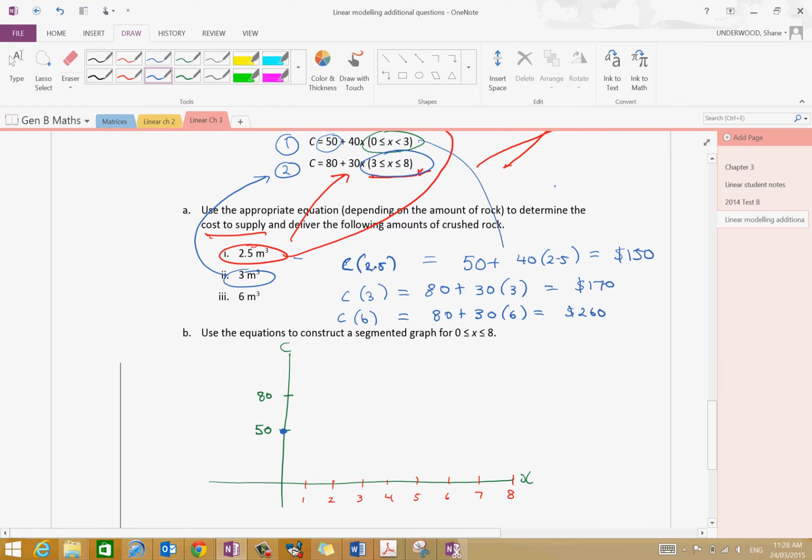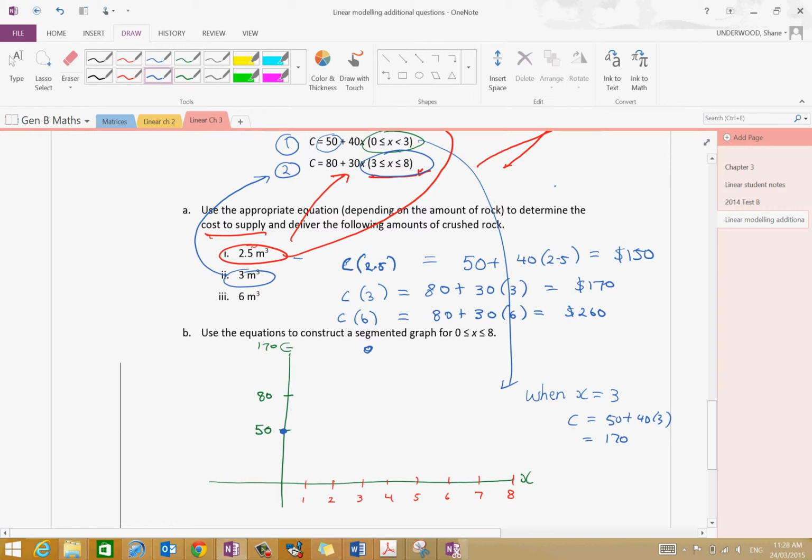Now, let's have a look. When x equals 3, then the cost for this first graph is equal to 50 plus 40 times 3, which is 170. So let's just say this is 170 up here. Our line starts here at x equals 0, and at x equals 3, it goes to 170.